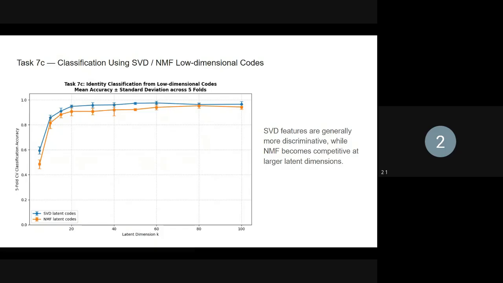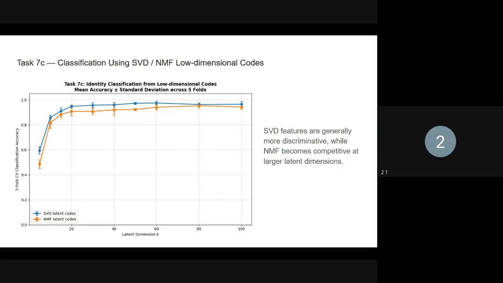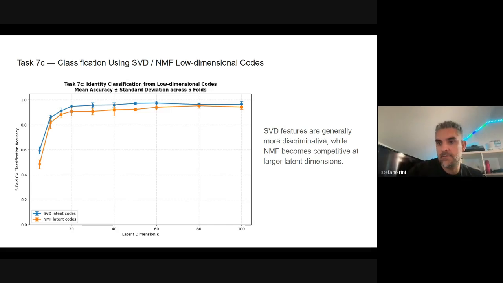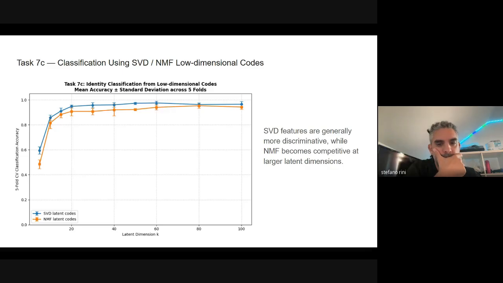And when it reached 20, there's almost no change from K equals 20 to 100. But this is also what we saw before, right? If you get the first 20 bases, then you can represent faces very well. Yes. Very nice. Go ahead.